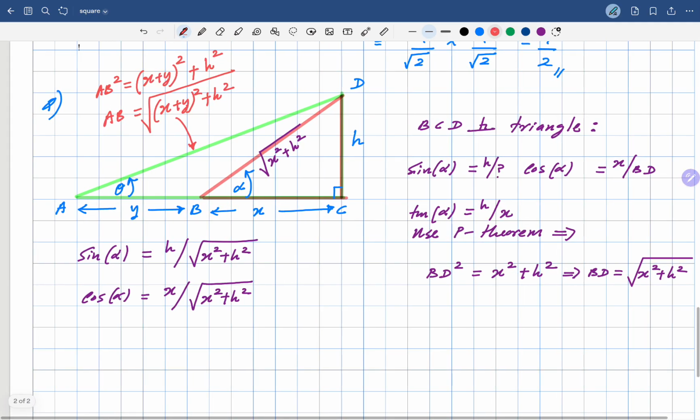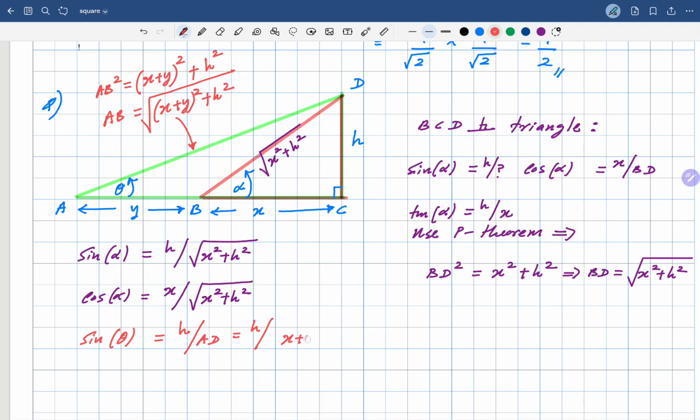Now we will find sine theta. Sine theta is going to be opposite, which is h, divided by the hypotenuse, which is AD, the square root of (x plus y) squared plus h squared.